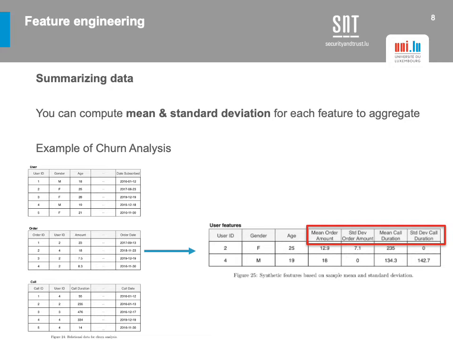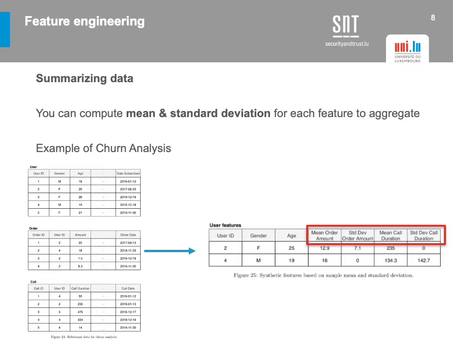Here in the example, you can see on the right-hand side that for each user we have the gender and the age, which are features that are already available at the level of the user. So we already have tidy data. What we aggregated from the three tables on the left, which are the user table, the order table, and the call table, is the mean of the order amount, the standard deviation of the order amount, the mean of the call duration, and the standard deviation of the call duration.